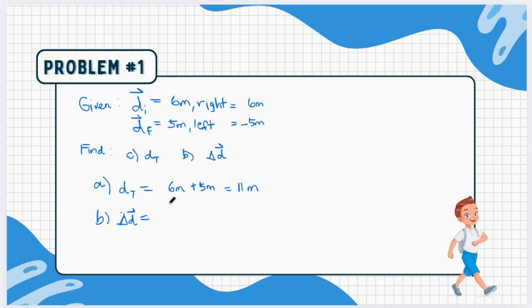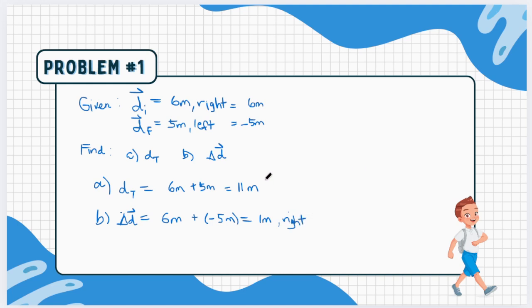So, pag sinabing vector sum, we have to consider the signs. Okay, 6 meters plus negative 5 meters. That is equal to 1 meter. At dahil positive siya, that is rightwards.